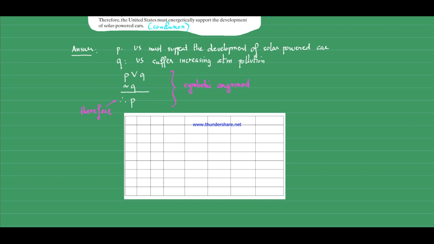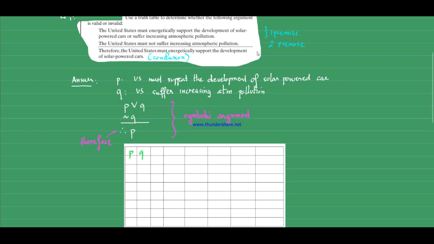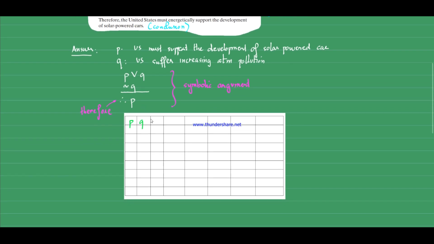Over here we have P, Q, then we have the negation of Q. Then we want to do the conjunction.